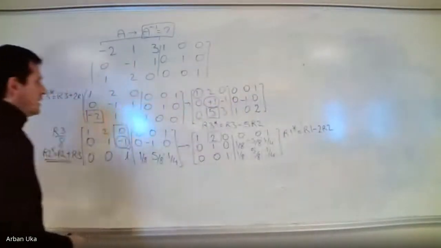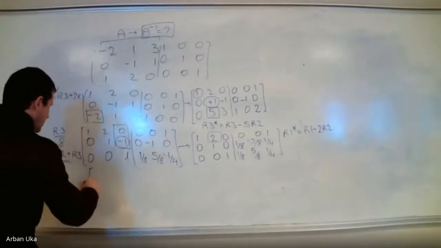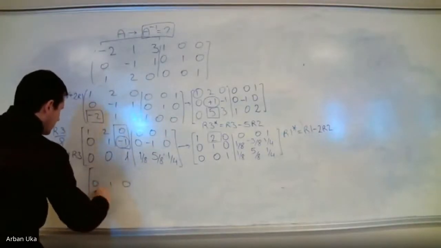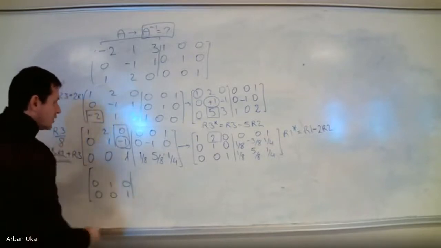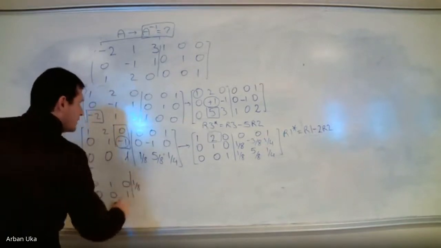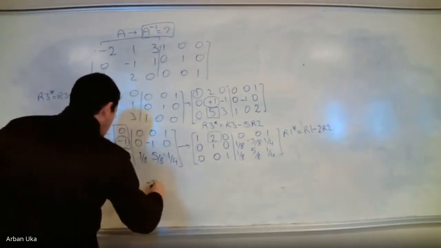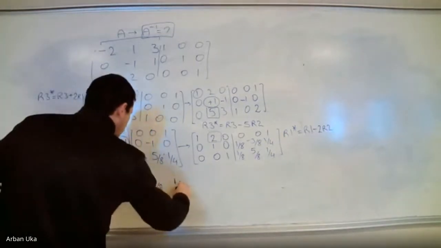So then let's move here. We move to this part and we say that this is 0, 1, 0, 0, 0, 1. So the bottom two rows will not change. This is 1 over 8, minus 3 over 8, 1 over 4.